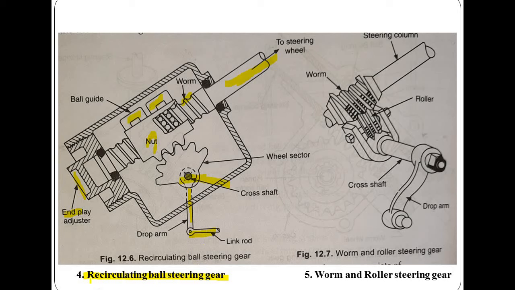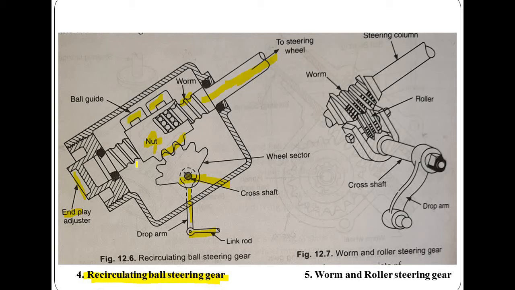So about the recirculating ball steering gear type, the system consists of a worm gear, which is provided on the end of the steering shaft. Then it consists of a large nut with a number of outside teeth, which mesh with the teeth of the worm gear, as well as with the teeth on the sector gear.